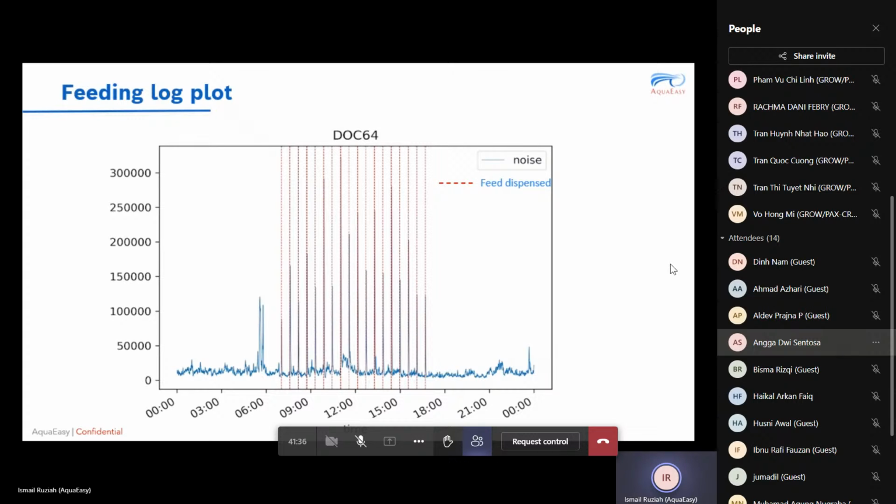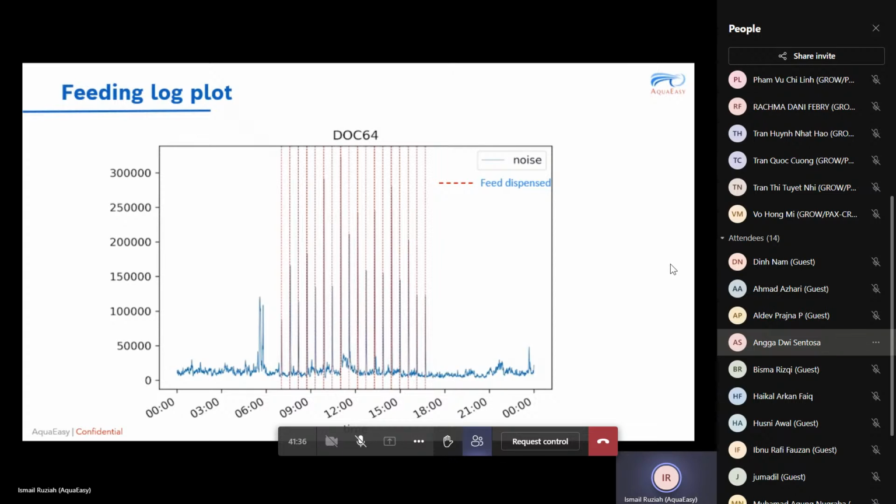Okay, so it means that maybe some customers want to do feeding 24 hours, then we should have some kind of recommendation like, if you want to see the stress level of shrimp, you should not do 24-hour feeding, right? Yeah, actually, we don't recommend 24 hours, because we think the shrimp still need some time to rest or to do other activities.